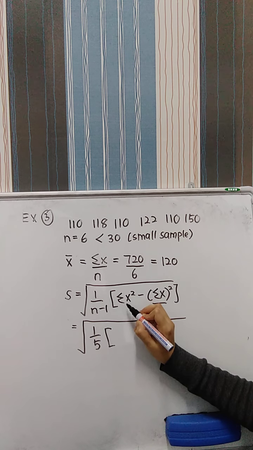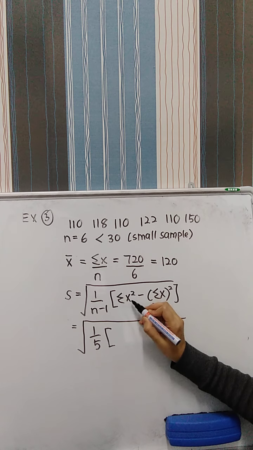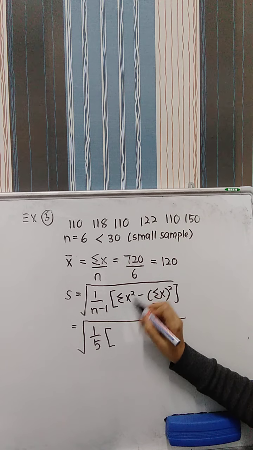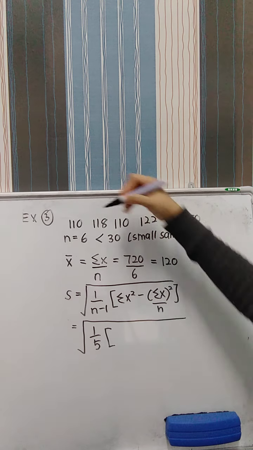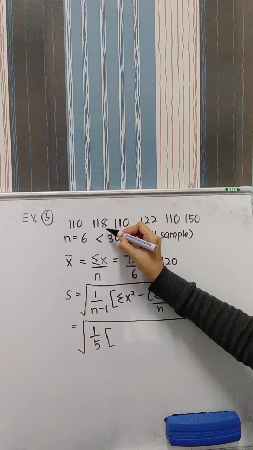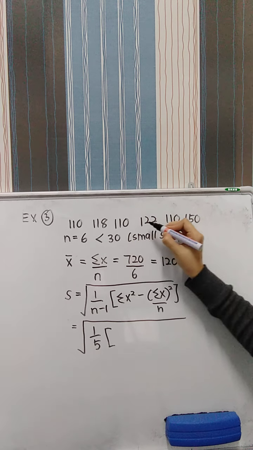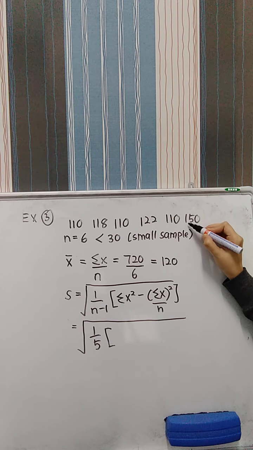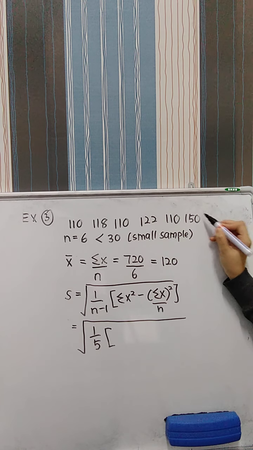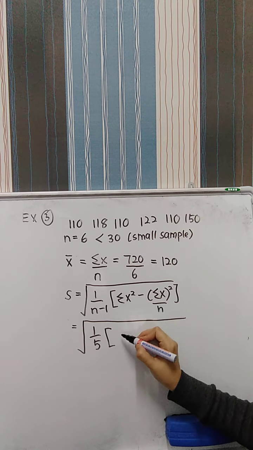Sum x squared means total x squared. So you need to calculate the total of the x squared: 110 squared plus 118 squared plus 110 squared, until 150 squared. So find the total for the x squared.